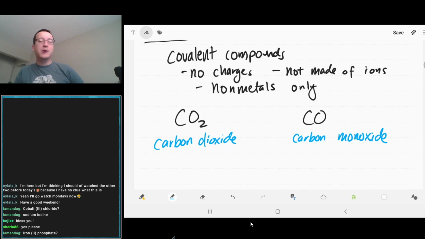Both compounds you've heard about before. We're going to see that covalent compounds are actually very easy to name. All we do is put the names of the elements and how many we have per molecule.